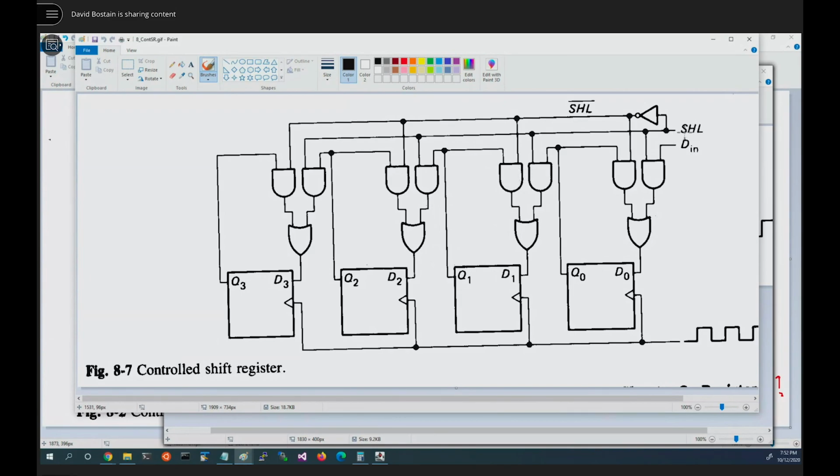And he is going to be enabled either by using shift left up here or not shift left to get the other guy. So if we say shift left, the guy that's going to be enabled for us is going to be the Q going in and coming out to the next D.